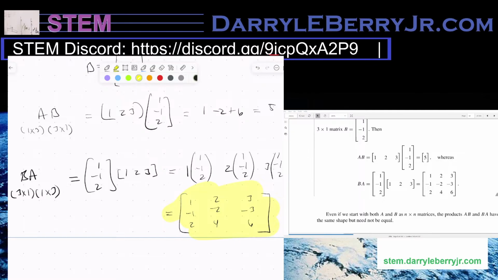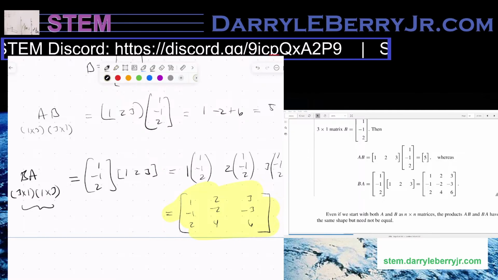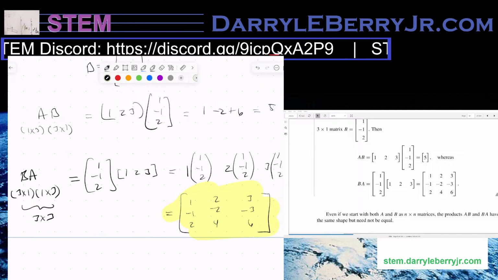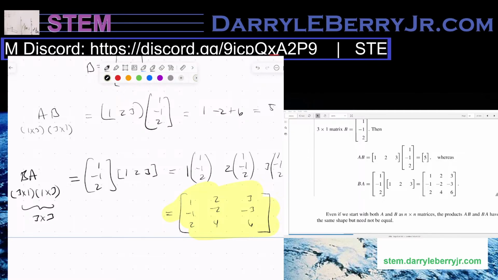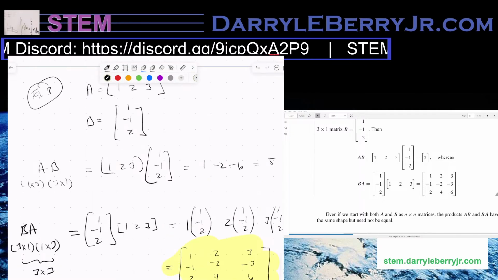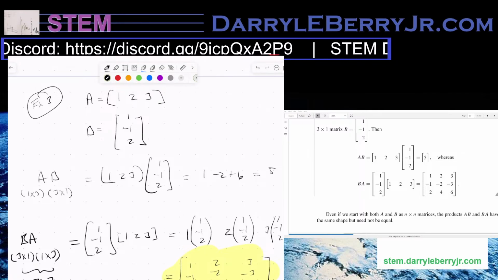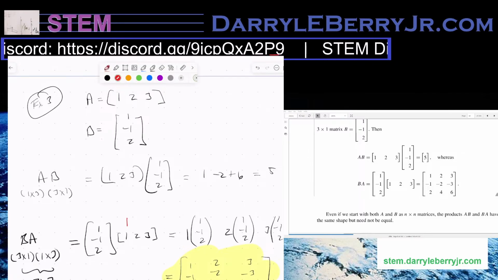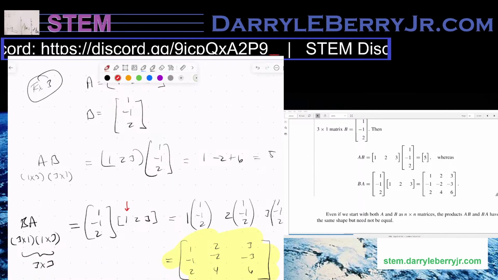So it's always good to check what the dimensions should be, as that will guide the process. And every column in the right one becomes a column in the new one.